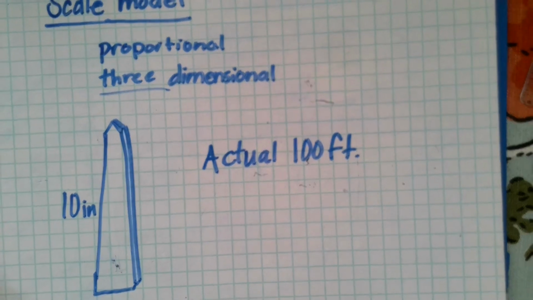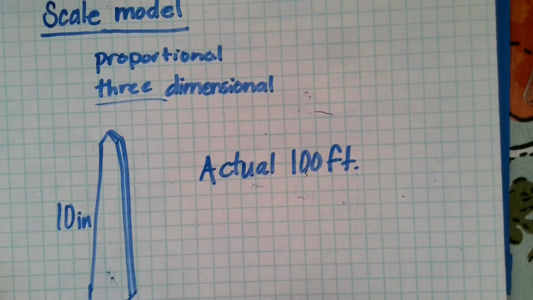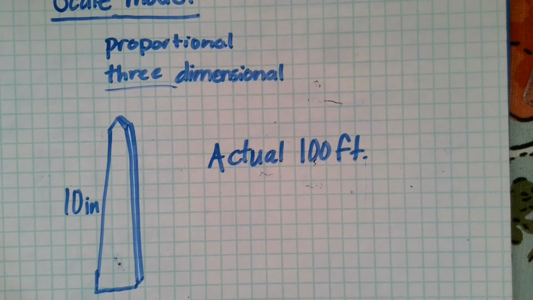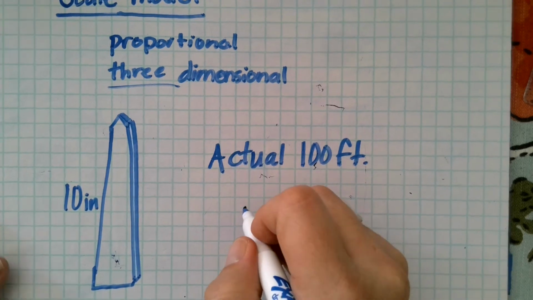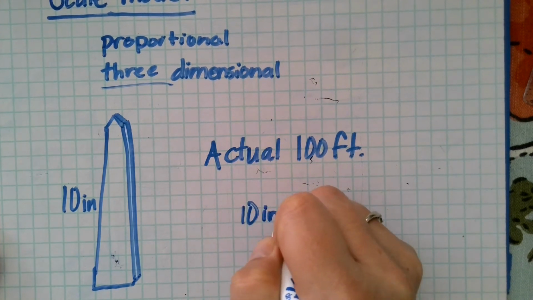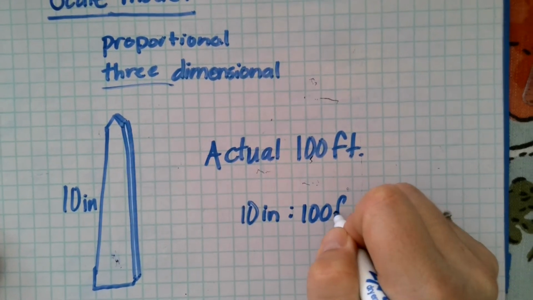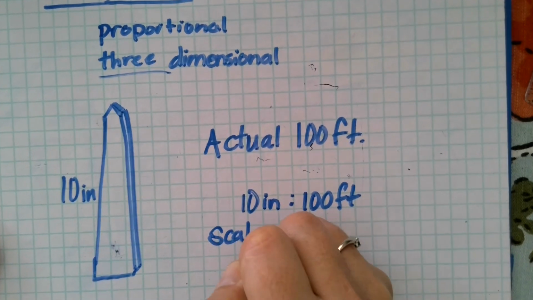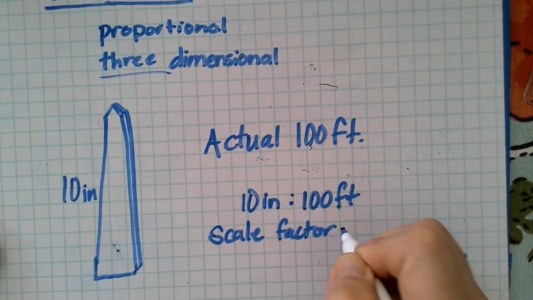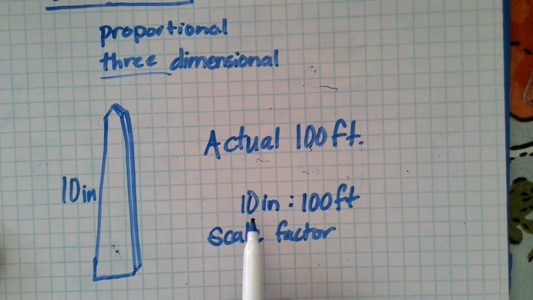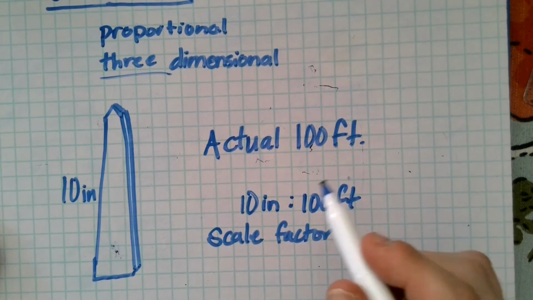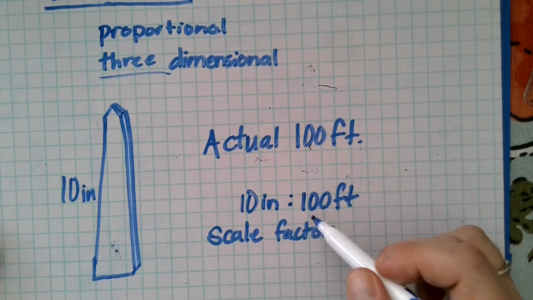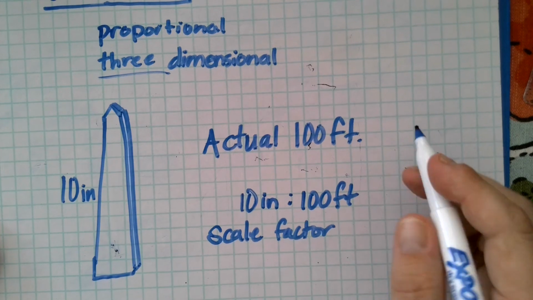So here, if you have a scale model, and let's say it was a monument, your scale model is 10 inches tall, but it's actually 100 feet tall. You could say your scale is 10 inches to 100 feet. But the difference, if you want to find a scale factor, is that you have to put them in the same units, okay? So we have to convert this into inches. So 100 feet, we know there's 12 inches in a foot.